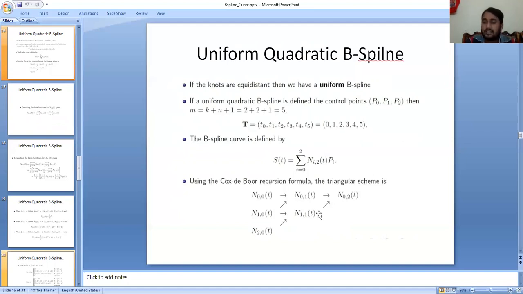Similarly, these two will depend on these two values. So first of all, we will calculate N0,2(t). This will depend on this and this. Okay. So how this N0,2(t) is calculated, see in the next slide.